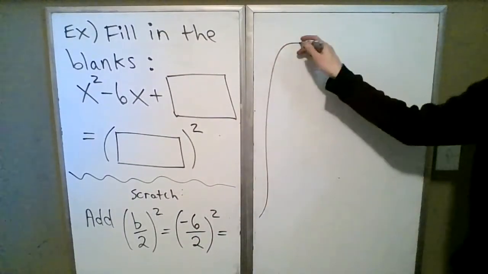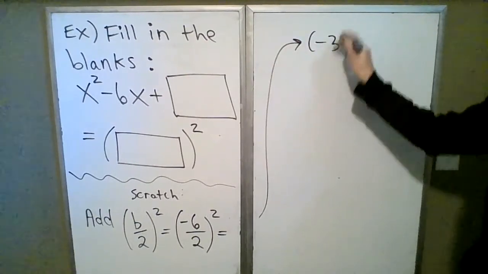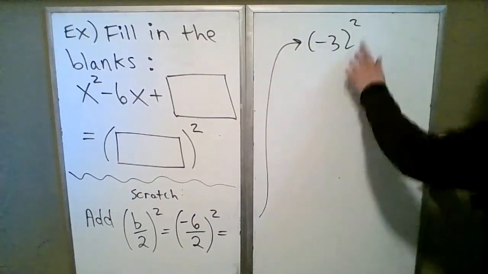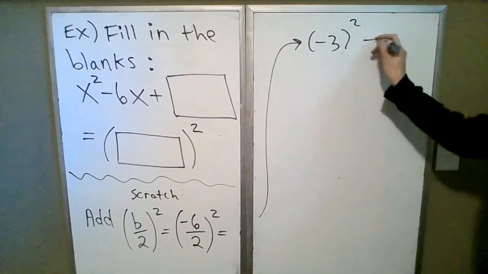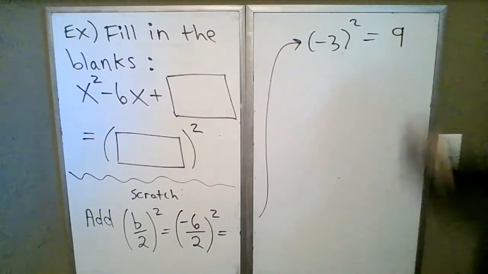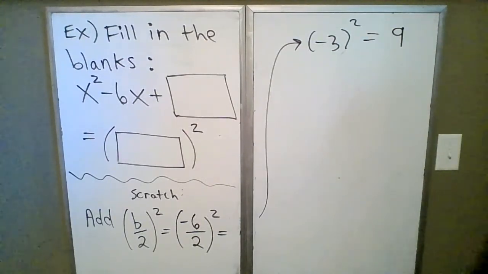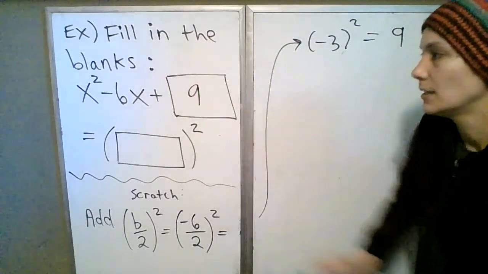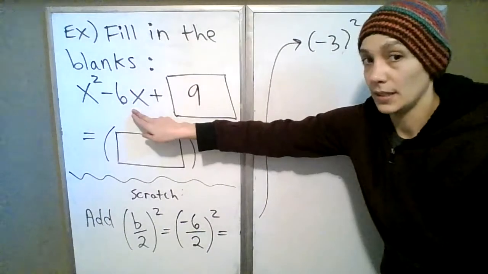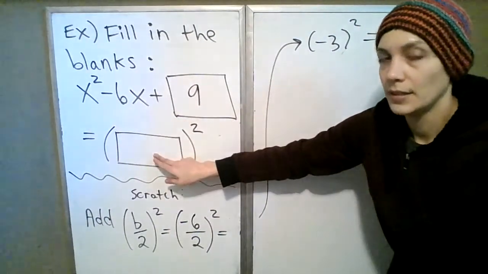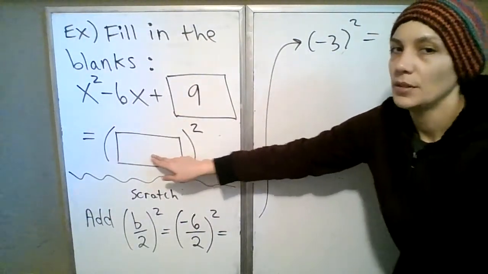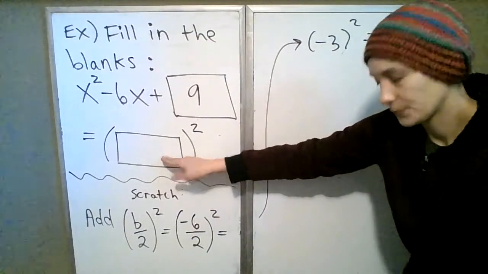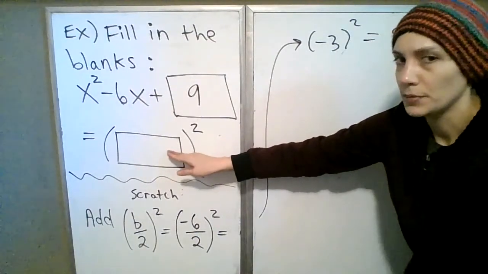We've got negative 3 squared. Okay, so if I add 9 to terms that look like this, we can write this as a value multiplied with itself.